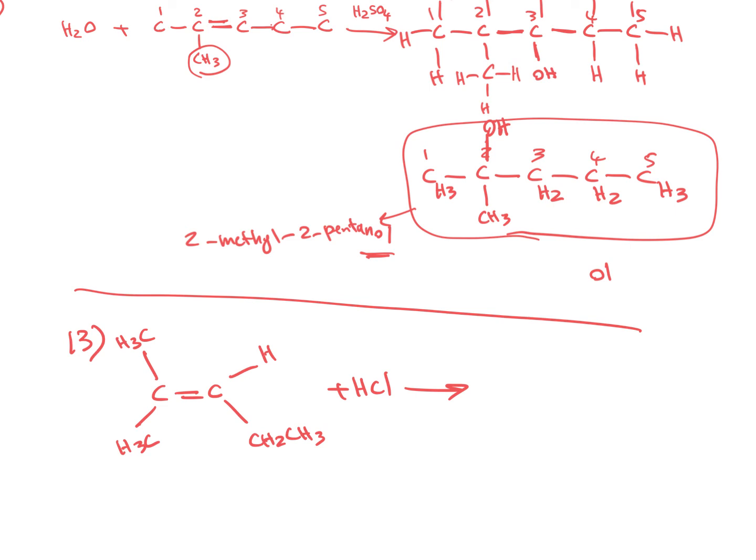So as we talked about in the class, we eliminate the double bond, and for each carbon that had the double bond, now converted to single bond, we add hydrogen and Cl.